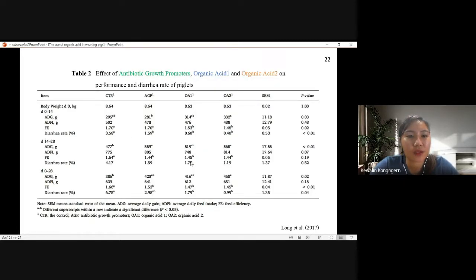Okay, next is the effect of antibiotic growth promoter, organic acid 1 and organic acid 2 on performance and diarrhea rate of piglets.